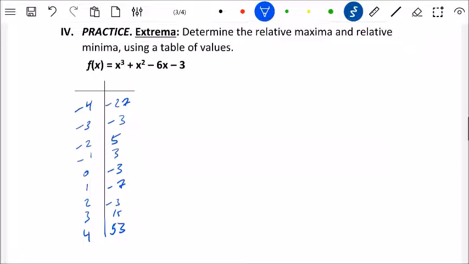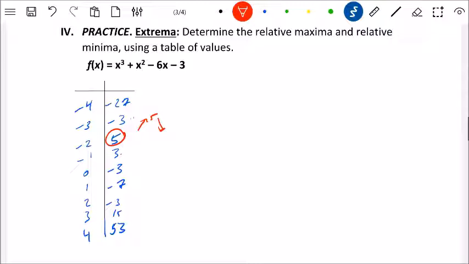This time for maximum minimum, we're only looking for the highest point in an area and the lowest point in an area. So 5 looks like it, because going from negative 3 up to 5 and then coming down from 5 to 3.